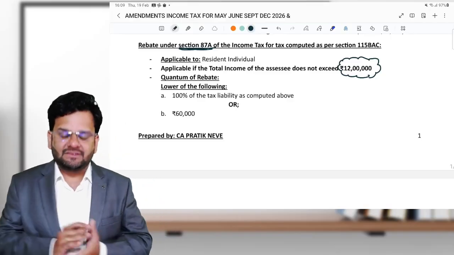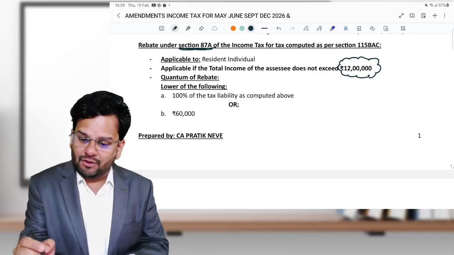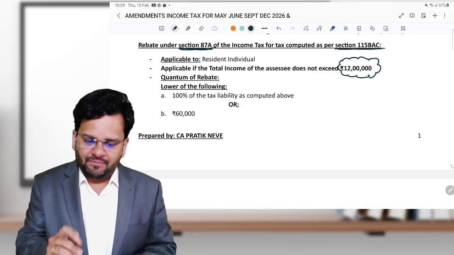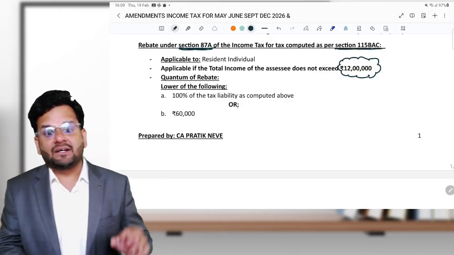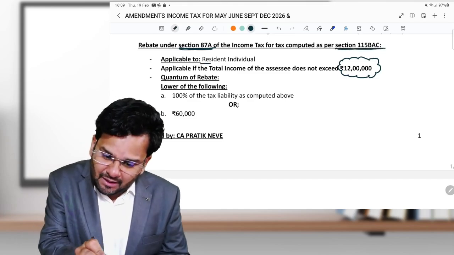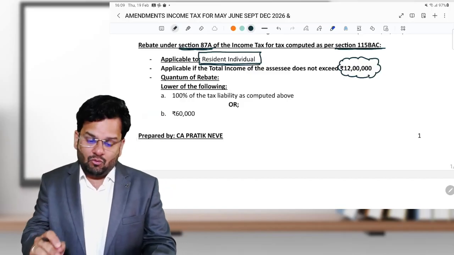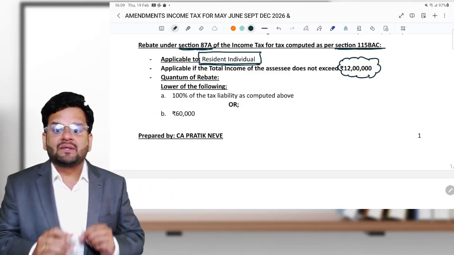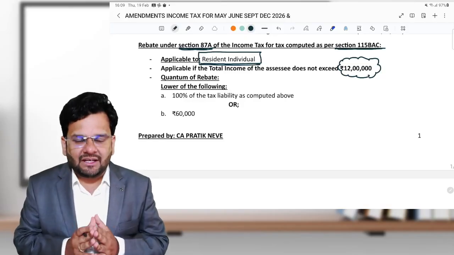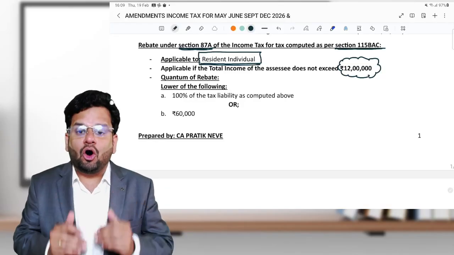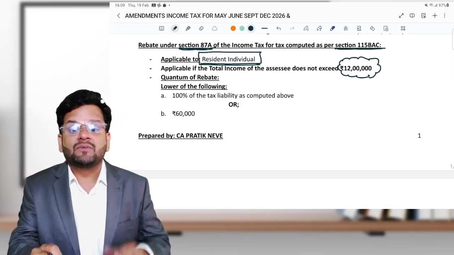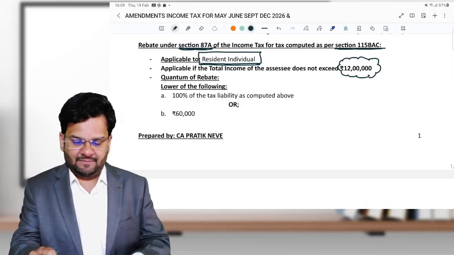This rebate of 87A for 115BAC is applicable when total income is not exceeding 12 lakh. It is applicable, mind you, for resident individuals only. What is the rebate amount? It is 100% of the tax payable or rupees 60,000, whichever is less.